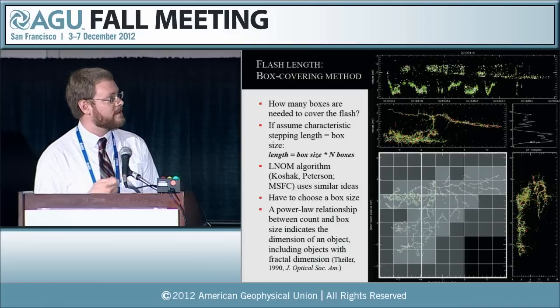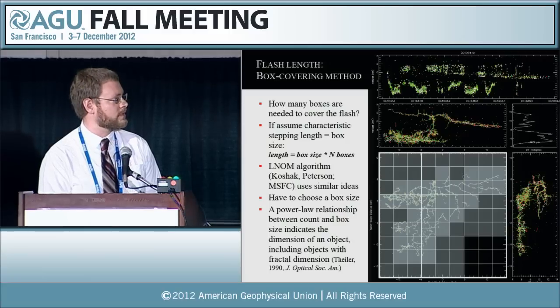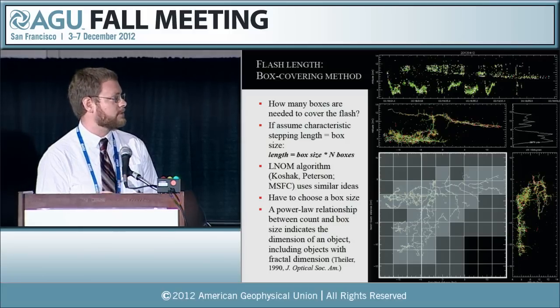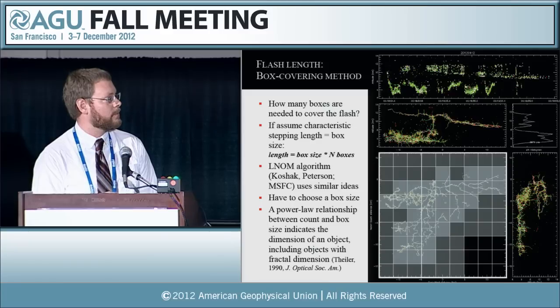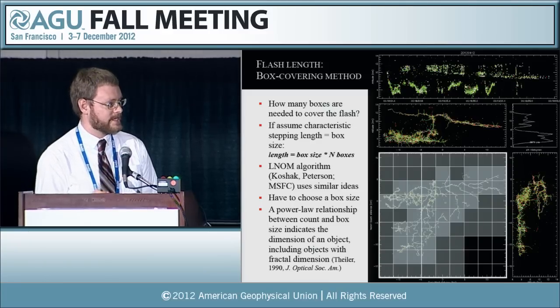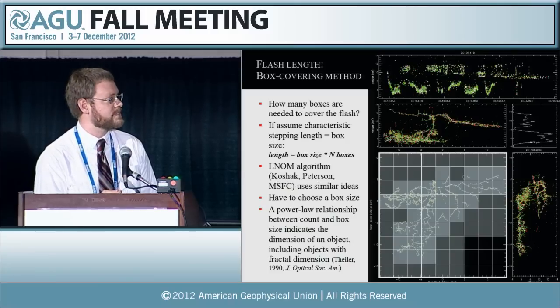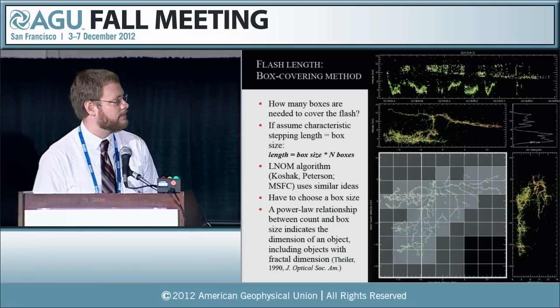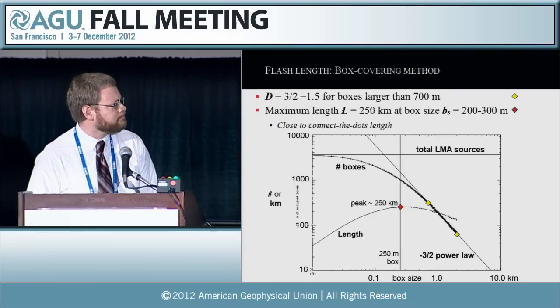This method of calculating the flash length is related to a classical method for estimating the fractal dimension of an object, where the number of boxes it takes to cover the object at a certain size forms a power law relationship.